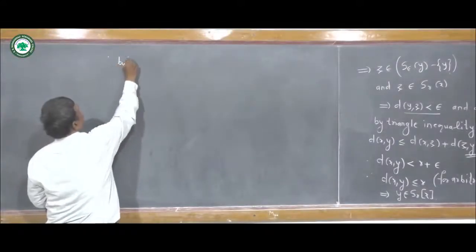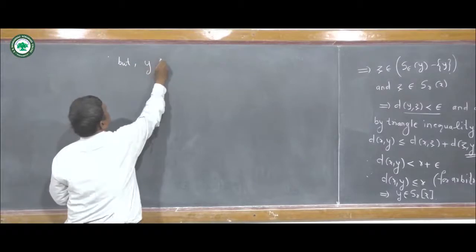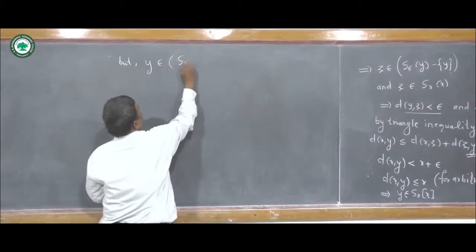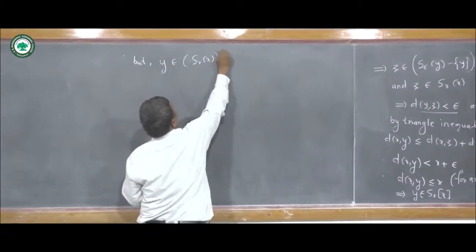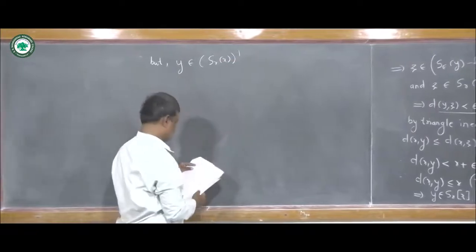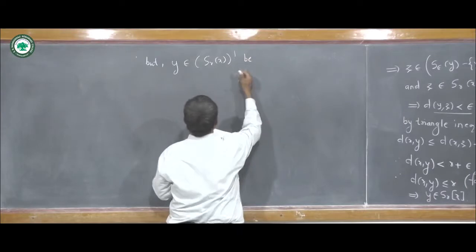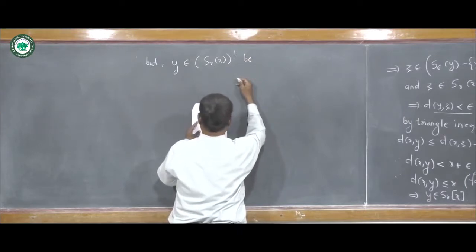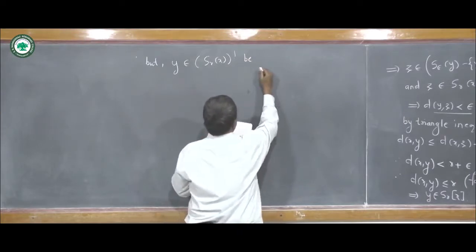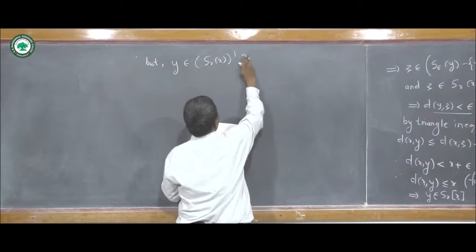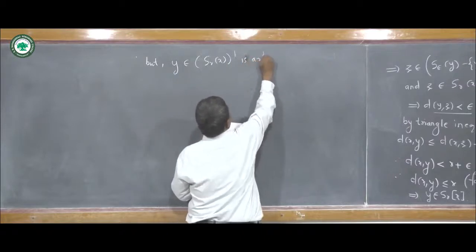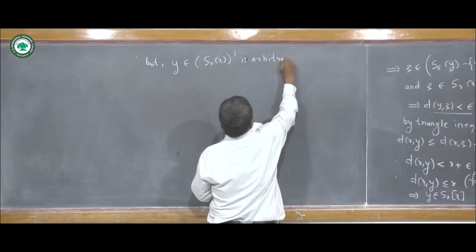But here y belongs to the set of limit points of the open sphere S_r(x). Now y is an arbitrary point here.